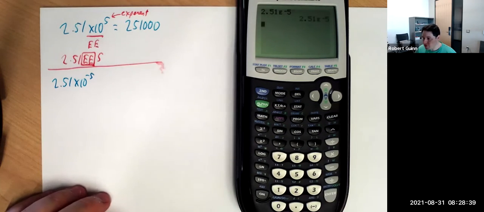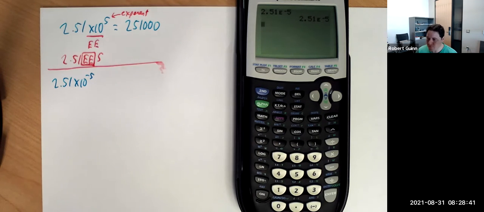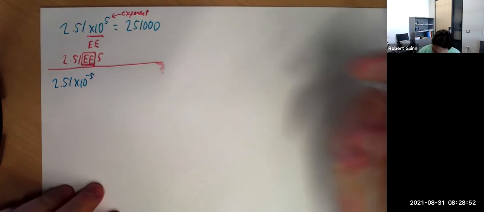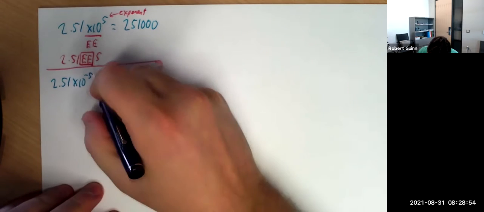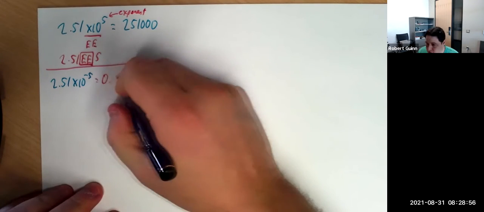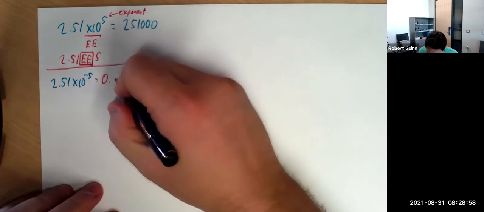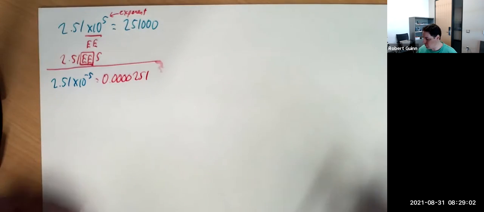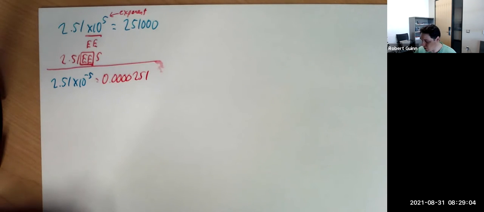And when we hit enter, we get that number. So 2.51 times 10 to the negative 5, which, what would that be? That would be 0.0000251. All right, so that's scientific notation.